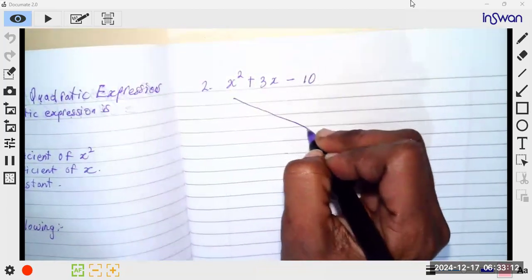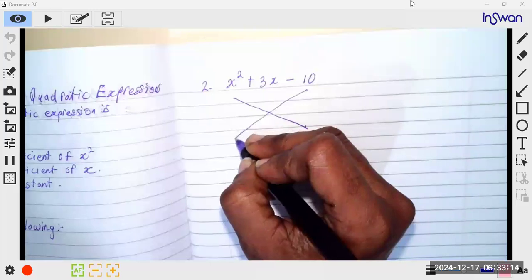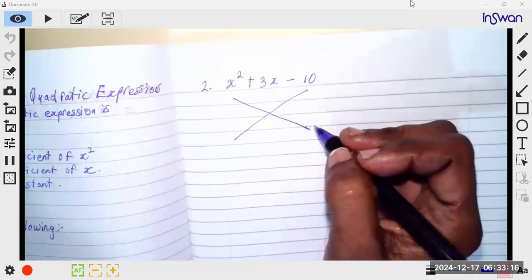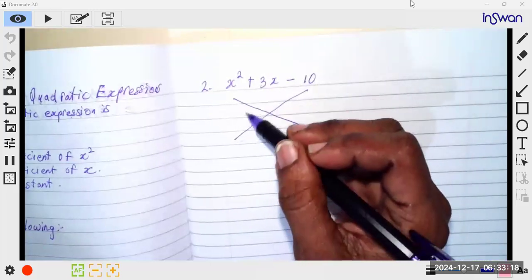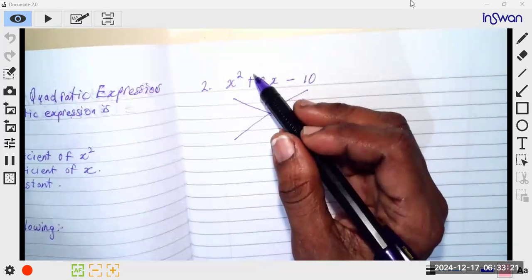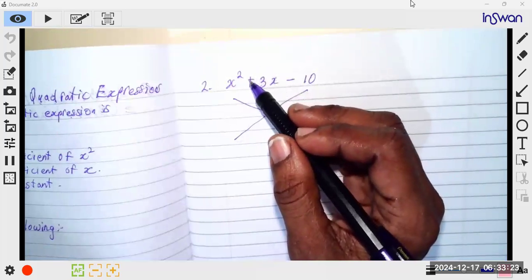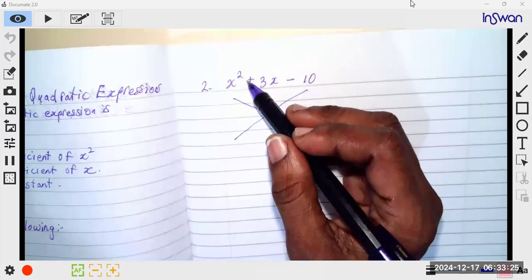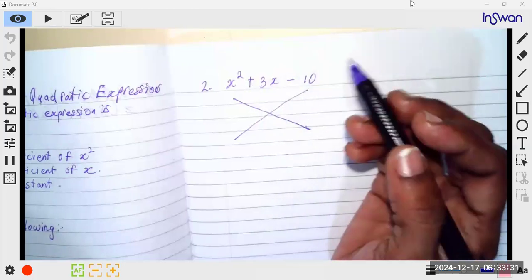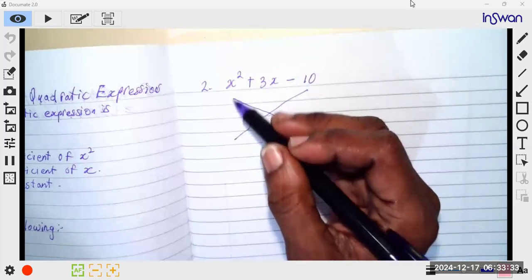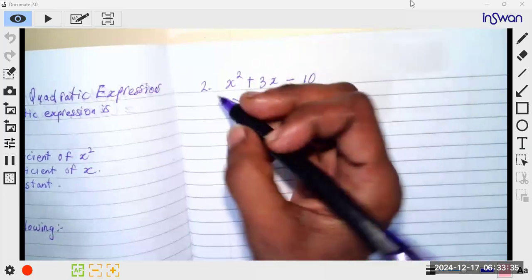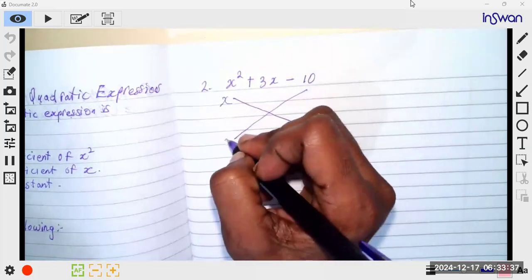So I'll put in the x. What two letters, when you multiply, give us x squared? Obviously, it's x by x.